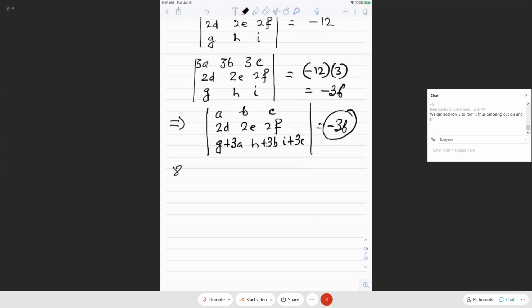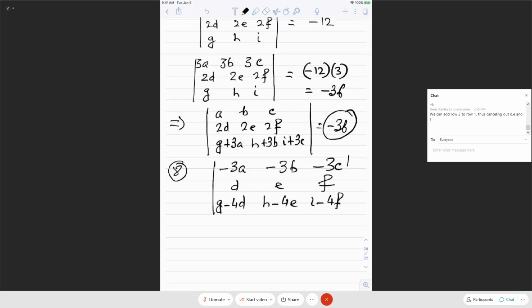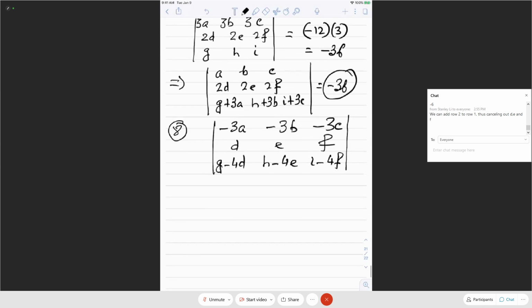And finally, this one. What's the answer? Negative 72.